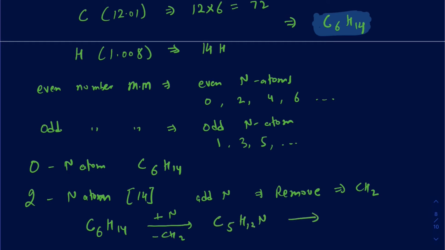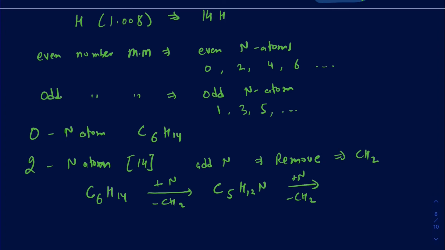But remember, I can't really add 1 nitrogen because it's an even number, so I've got to add another one. So after adding another nitrogen atom, I'm going to have C4H10, because I'm removing another carbon and 2 hydrogens, and that's going to be N2. So that's another possibility, and you can keep doing it, and sometimes at some point the formula is not really going to make sense.